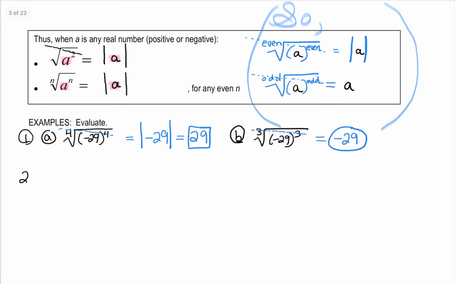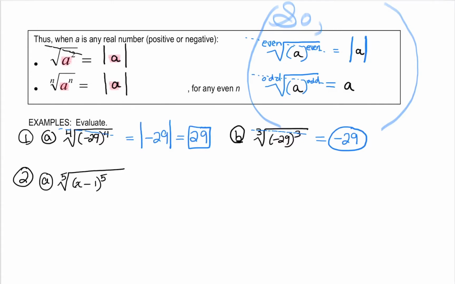So number 2, again, let's do an A and a B just to compare some things side by side. Let's say I had the 5th root of the quantity x minus 1 to the 5th power. Here's one that even if I wanted to follow order of operations, I couldn't. In number 1, we had all numbers, so in theory, you could multiply out those numbers and then take the appropriate root.